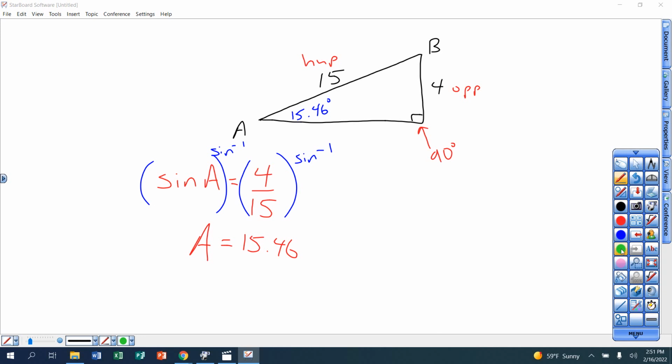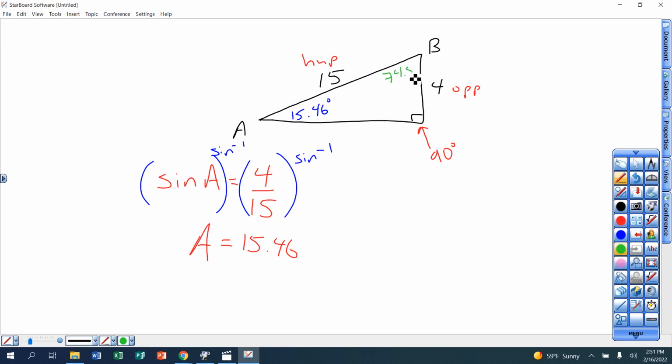So know that all three angles equal 180. So if I take away those pieces, that's one way to get that angle. 180 minus 15.46 minus 90, so I get about 74.54.